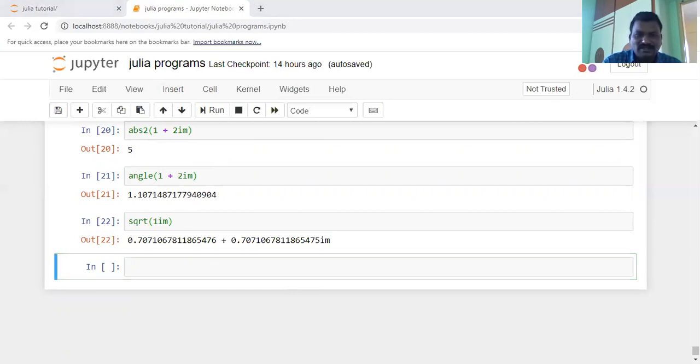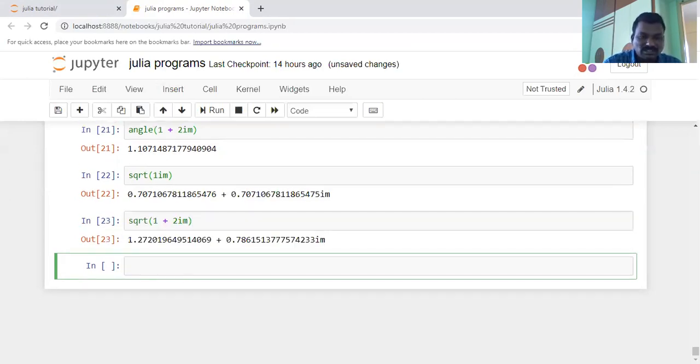And then square root of 1 plus im. Here how can you calculate the 1 plus im? That means automatically it takes a square root. For example, square root of 4, 2, square root of 2. Another, for example, 1 plus im, it takes 1 plus some imaginary value, like that you will calculate the square root value.